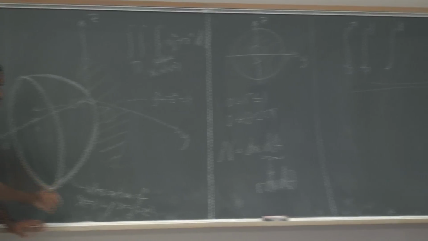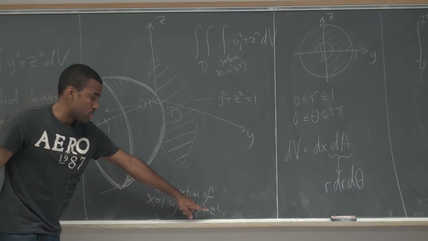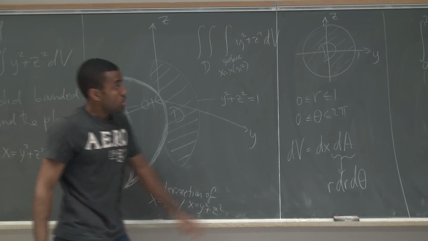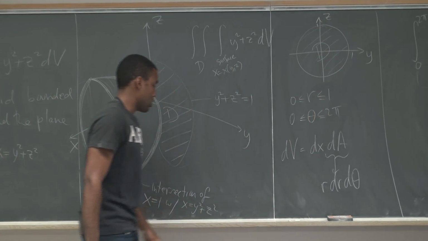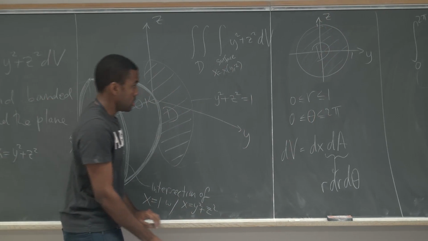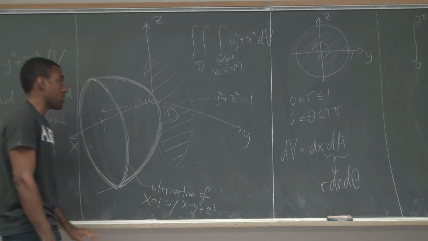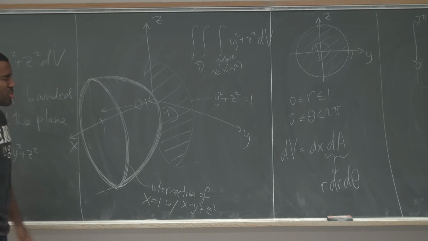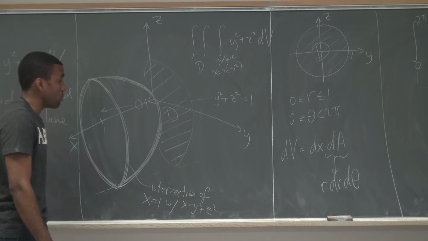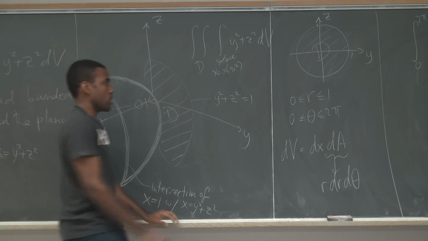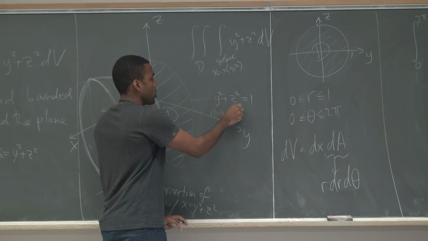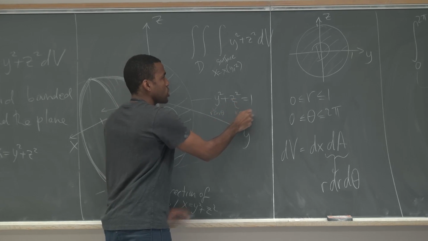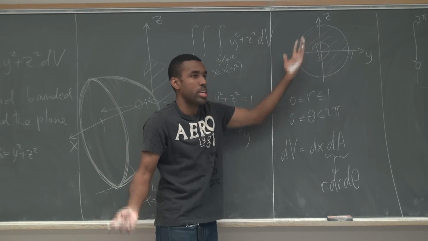Now the paraboloid is x equals y squared plus z squared. However, my y and z, I just switched to polar coordinates. So if the floor is y squared plus z squared, what does that become? r squared. Because now I'm thinking of y equals r sine theta and z equals r cosine theta, right? I'm pretty much switching the x for the z for the x-axis.